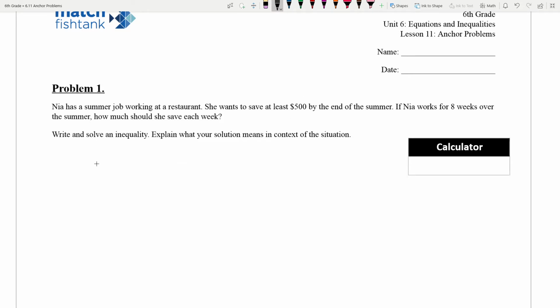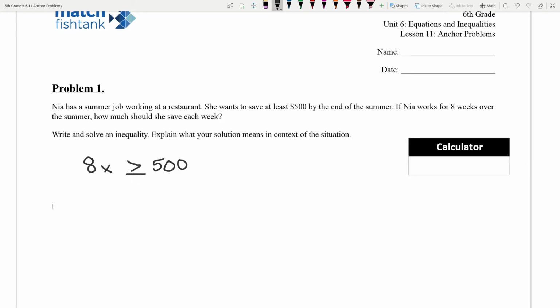Well, she has 8 weeks, and if she saves x dollars per week, she wants to have at least $500. Well, this 8x, this amount of money, she wants at least 500. She wants this to be greater than or equal to the 500.